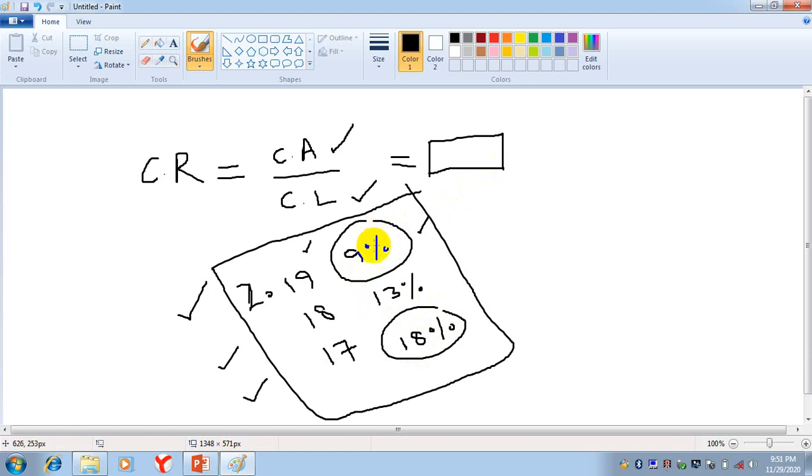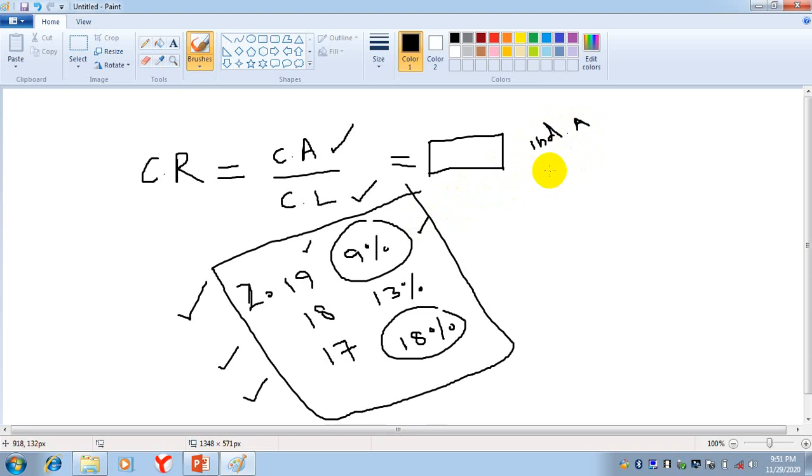External comparison means comparing your profitability with another company's ratios, or comparing your ratios with the industry averages. Suppose this is industry average. Industry average means we took all the companies in the industry, we calculate their ratios, and then we average them.